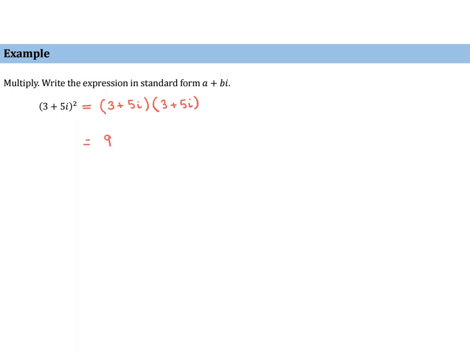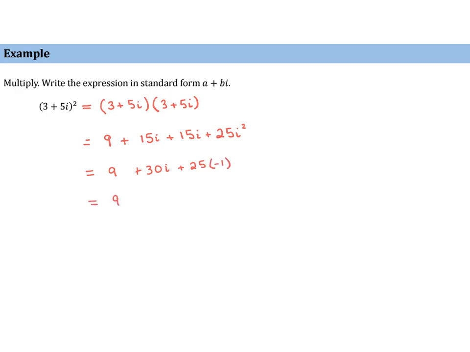We have 9, and then the outside would be 15i. Inside would be the same thing. And then lastly, we would have 25i squared. So we have 9 plus 30i plus 25, and i squared is -1.